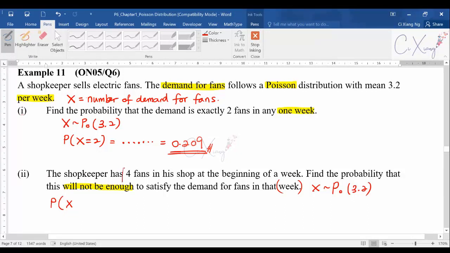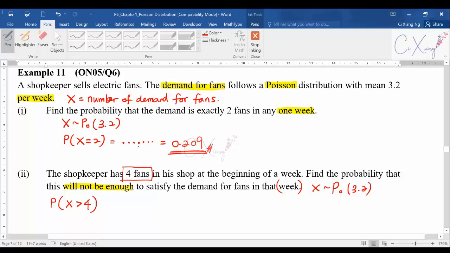You're having 4 fans in the shop. They say these 4 fans will not be enough to satisfy the demand. What does it mean? That means the demand should be more than 4. If the demand is equal to 4, then it's just nicely fitted, it just nicely satisfies the demand. But if the demand is more than 4, that means 4 fans is not enough to satisfy the demand already.